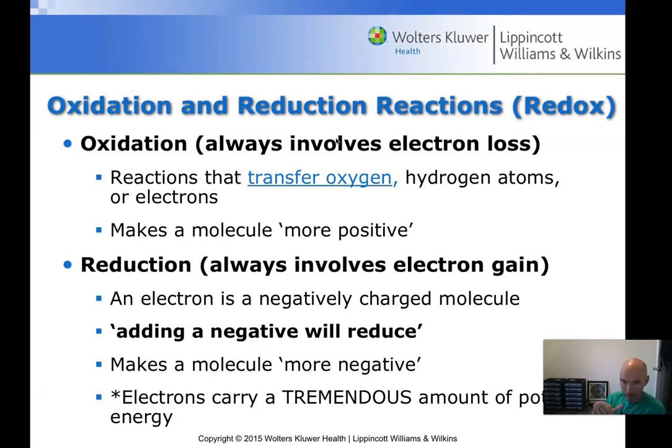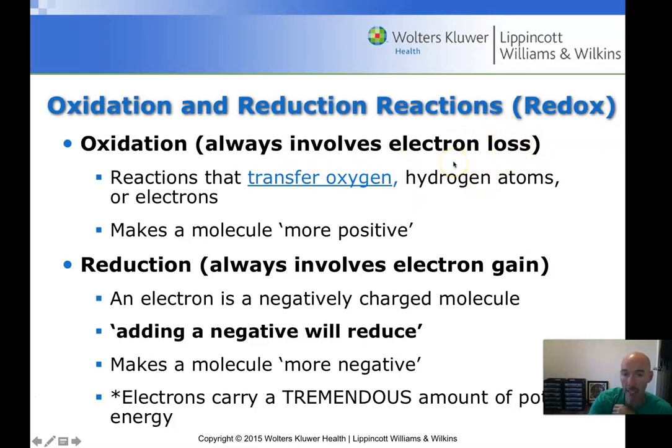Okay, so we have two different types of reactions that are sort of what we call coupled reactions. They always occur together, that involve the transferring of oxygen and the associated electrons. Okay, oxidation reactions involve the transferring of oxygen from one molecule to another. Okay, in the removal of an electron.